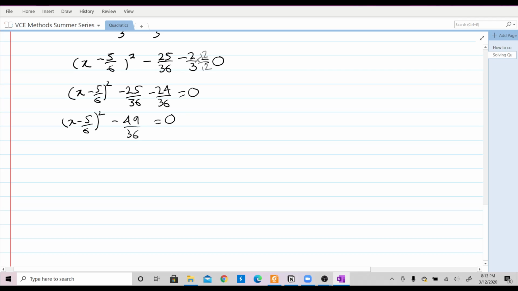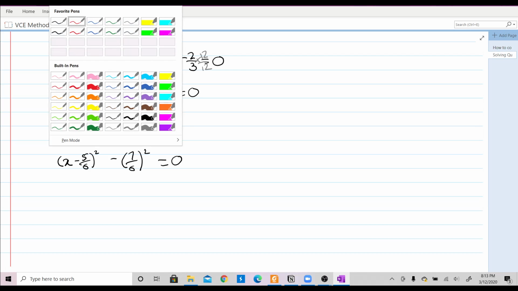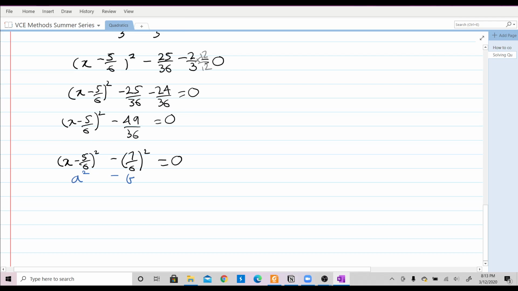If you've noticed now, 49 and 36 are both perfect squares. So I can actually rewrite this as (7/6)². So I've now got the form of a² - b². So this becomes (a + b)(a - b) = 0.